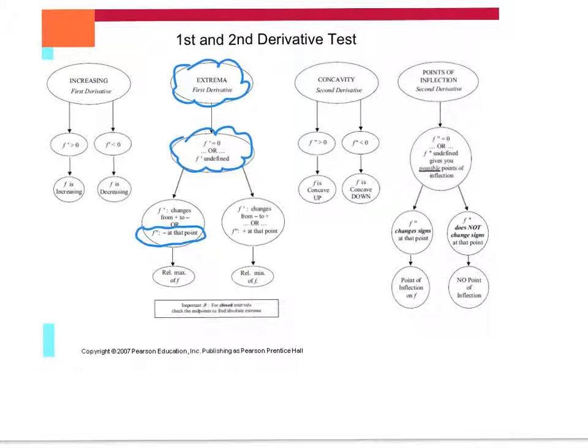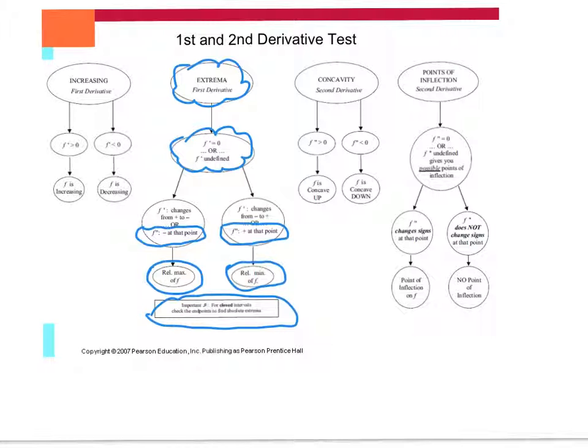Now if the second derivative at that critical point is negative, you have a relative maxima. And if the second derivative at that point is positive, you then have a relative minimum. Okay? And remember, of course, don't forget, on closed intervals, check the endpoints, because they can also be extrema.